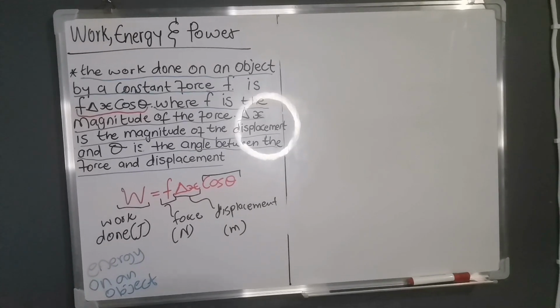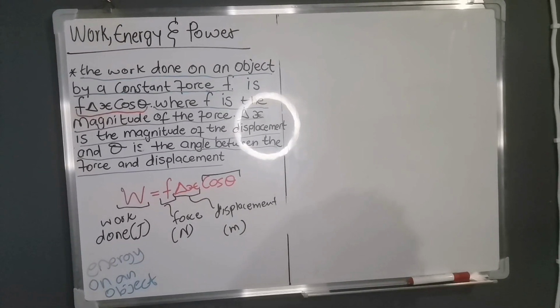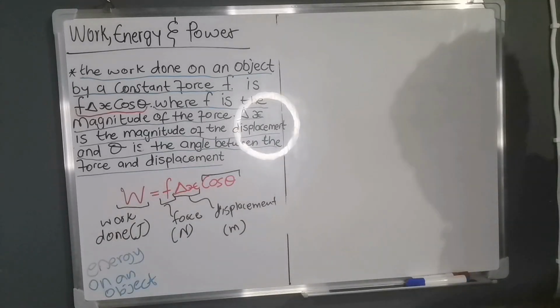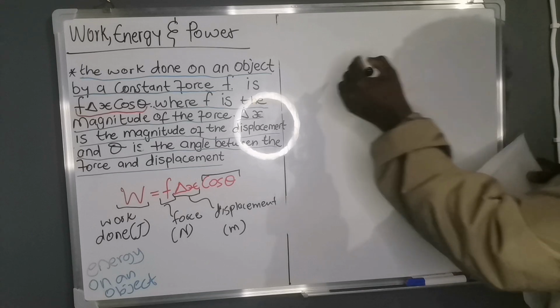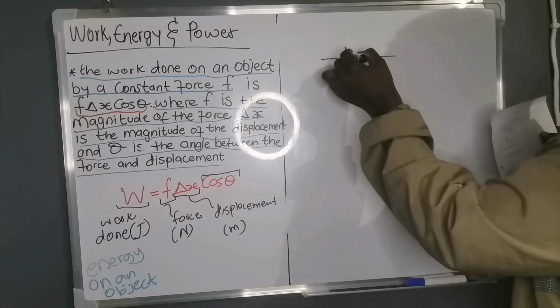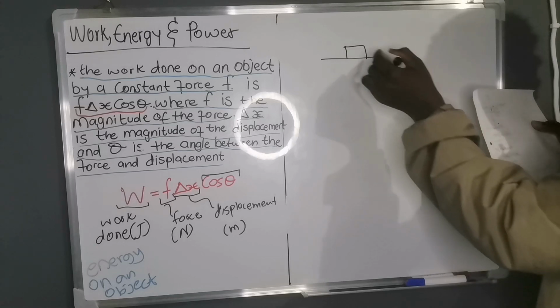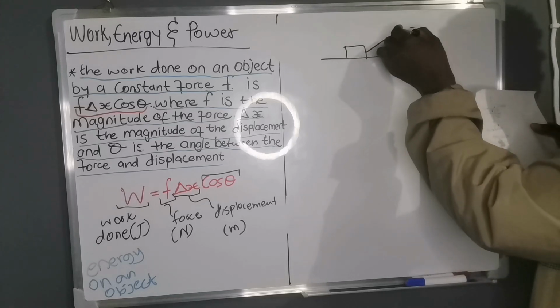Yes, guys. So now let me just make an example. I'm just going to take it from a previous exam paper. So you have a surface and a box. This box has a force applied here at an angle.